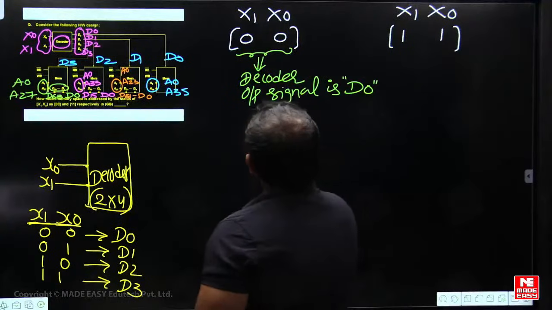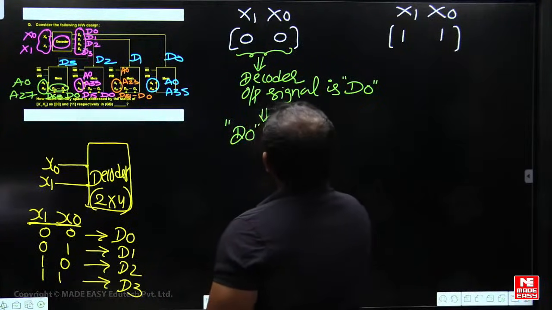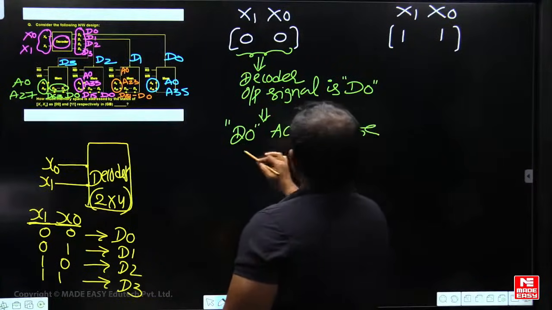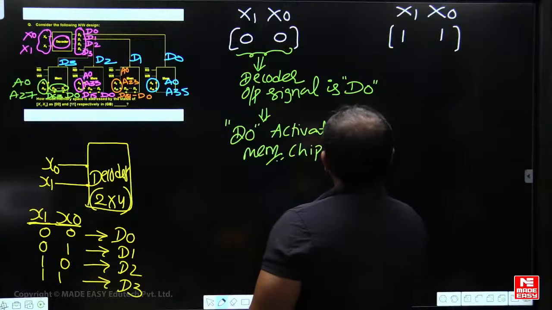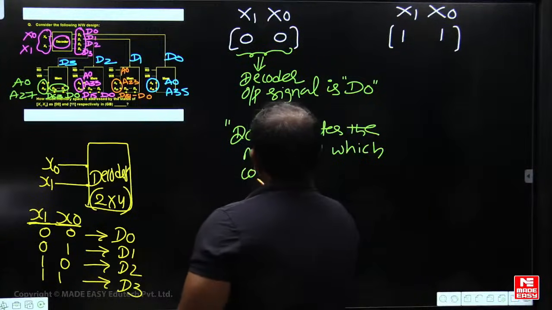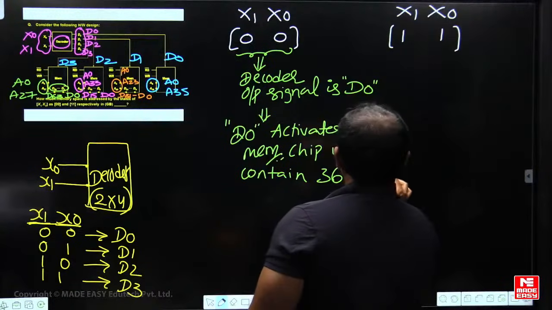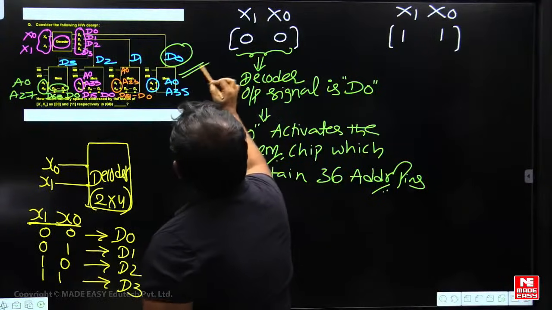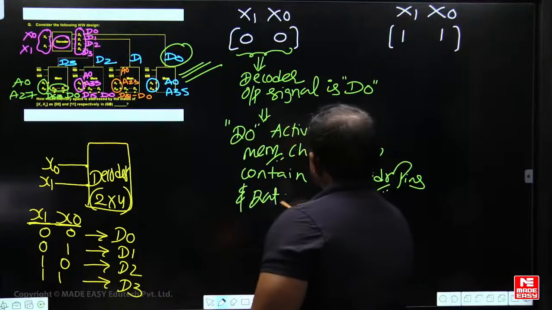Okay. Now D0 activates the memory chip which contains a total of 36 address pins. D0 activates this memory chip with 36 address pins, and data pins are not given.